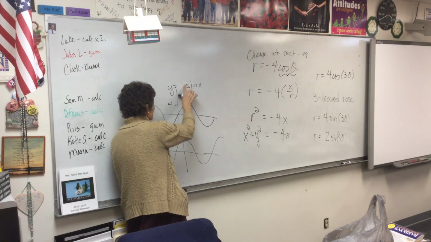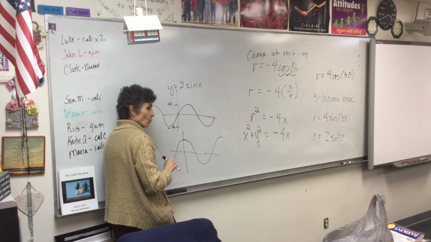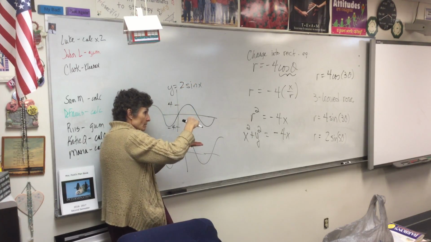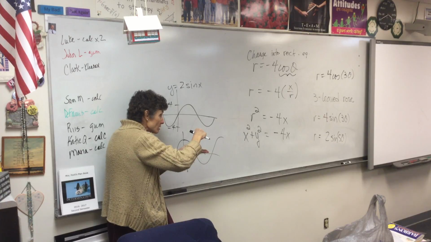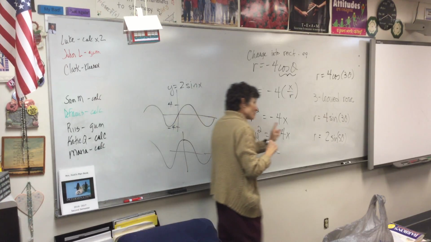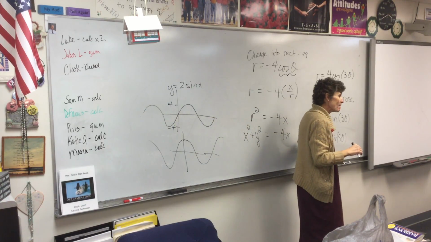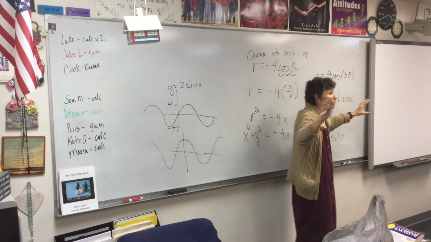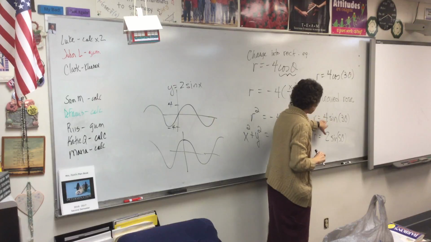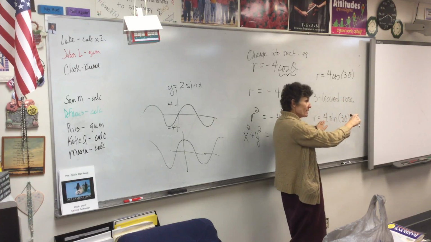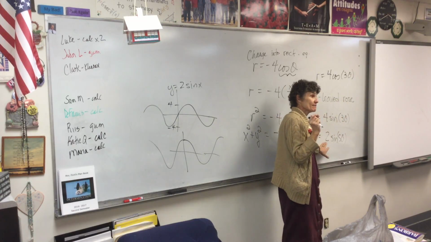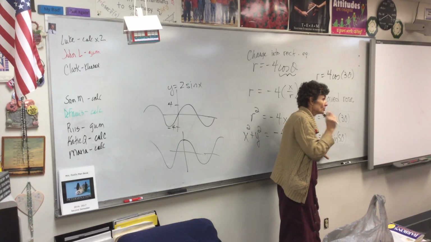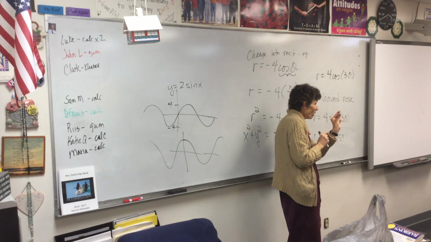But when we did 2 sine x, what happened? This is the same thing, only instead of the amplitude being how far up and down, it's how far out you're going. So these leaves went out 4 units. These leaves are only going out 2 units. So it's a lot smaller.